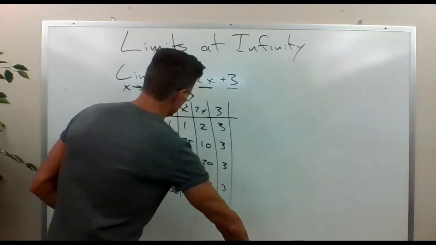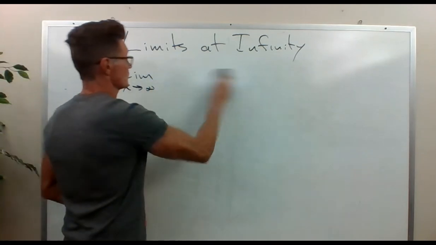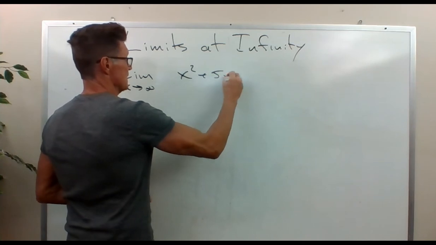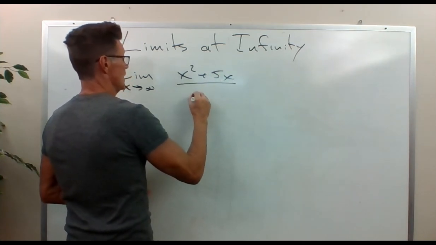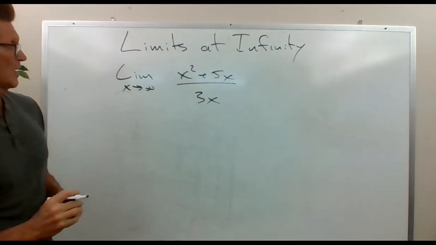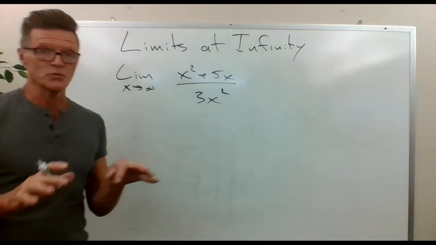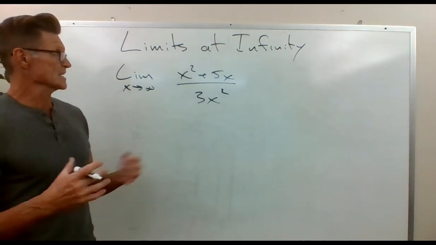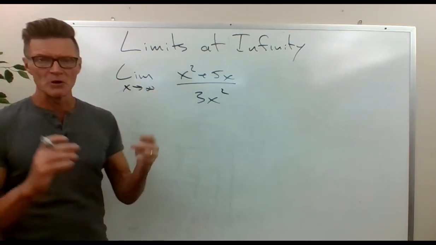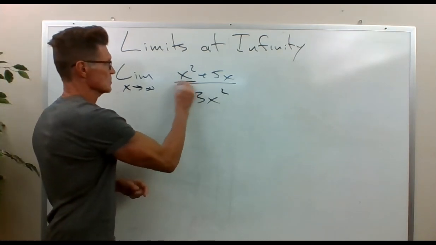So, as an example, let's say we have a rational function, x squared plus 5x over 3x. Okay, or let's make it 3x squared. When trying to evaluate this limit as x is getting infinitely large, we know that in the numerator, the most powerful term is the largest power term, which would be the x squared.